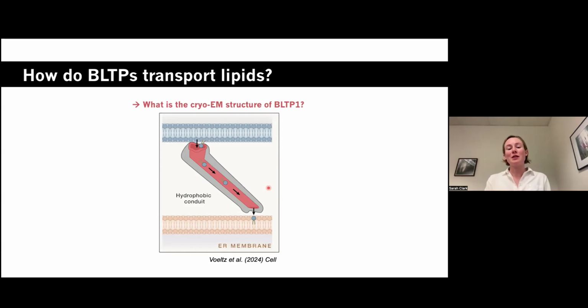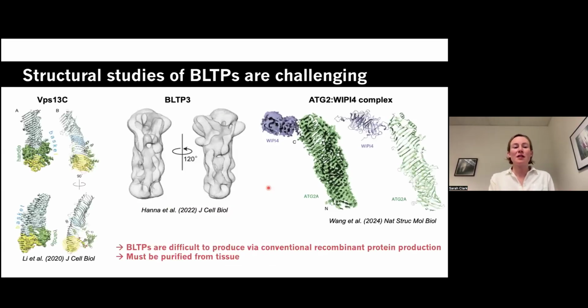There have been, before we started this project, other structural studies done of other BLTP proteins, but by and large, they were very challenging and there's essential information missing. I'm showing a few of those here. You can see for the most part, they resulted in partial or low resolution structures.